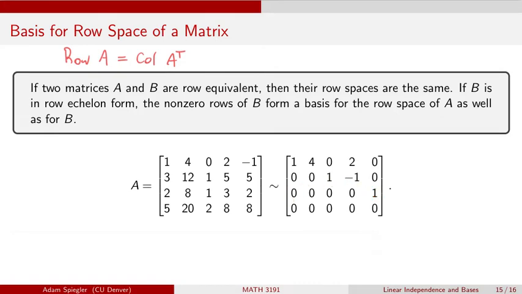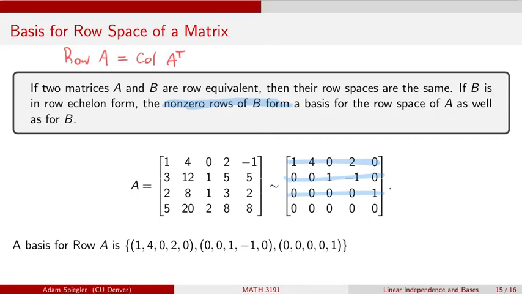So I'm just going to pull off any of the non-zero rows of matrix B. Here's a non-zero row, here's a non-zero row, and here's another non-zero row. We have 3 of them. And these 3 row vectors are going to form a basis for the row space of matrix B, and therefore they also form a basis for the row space of matrix A, since matrix A is row equivalent to this reduced row echelon form over here.